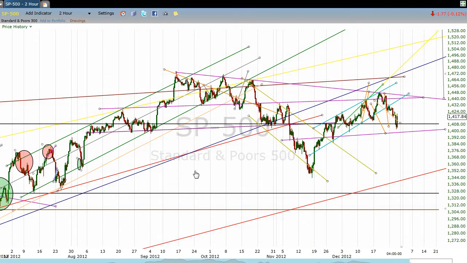What I'm looking at still is potentially a fairly large inverse head and shoulders pattern. If that is the case, and if it is somewhat symmetrical, what we saw today would correspond to the levels we saw back in the second week of August.